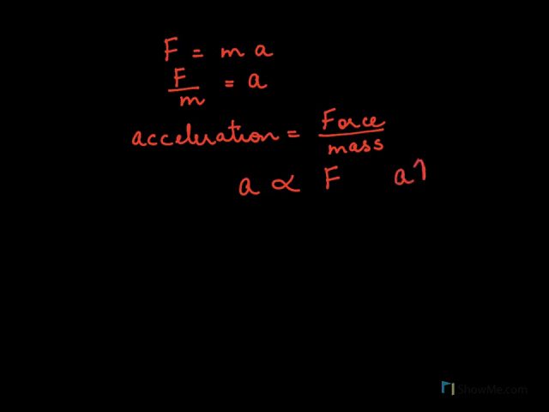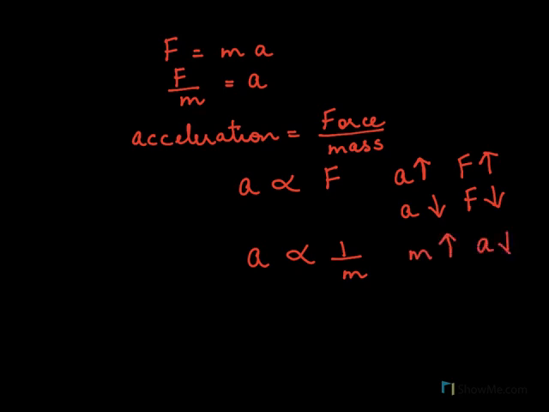If acceleration increases, more force is needed. Or if you decrease the force, the acceleration of the body also decreases. Now acceleration also is inversely proportional to mass, which means if mass increases, the acceleration decreases. And if mass decreases, acceleration will increase.